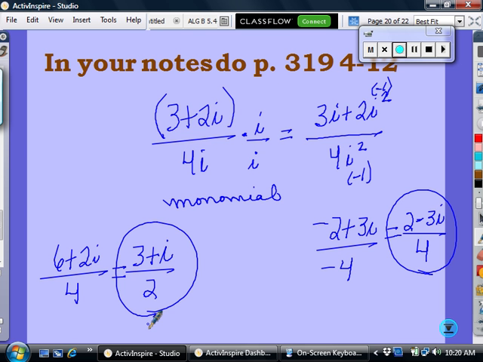Let me ask you a question. Look at 16. On 16, what would be the conjugate that you would multiply by top and bottom? Think about it for yourself. Negative 6, what?